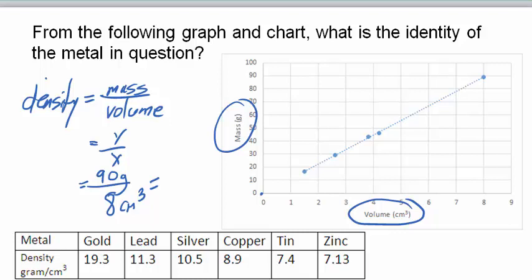So 90 divided by 8, we get 11 point something. Again, you can do this in your calculator. You get the units grams per centimeter cubed, and we would get the answer lead is the most likely substance that was coming from this data.